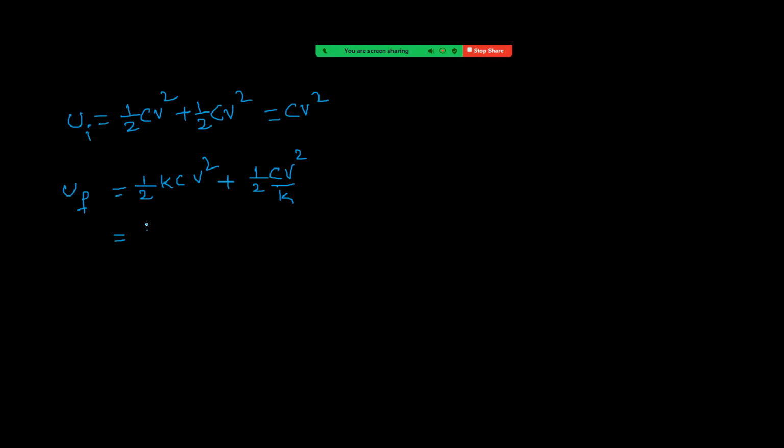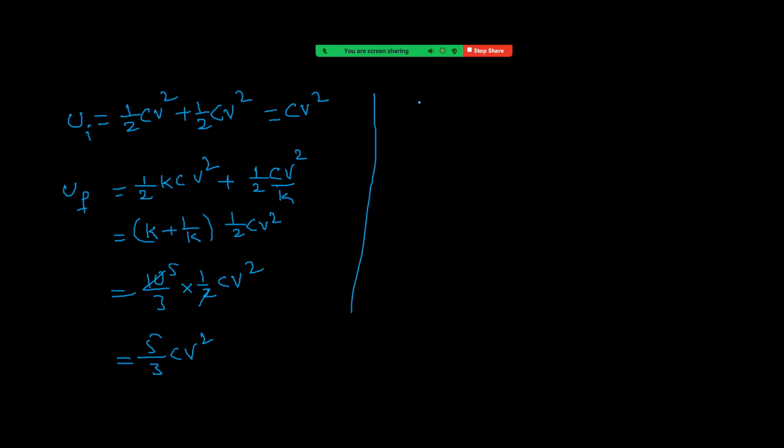See where the change comes: K plus 1 by K into half CV square. K value is given as 3, 3 threes are 9, 9 plus 1 is 10, 10 by 3 into half CV square. This is 5 times, so it is now 5 by 3 CV square.